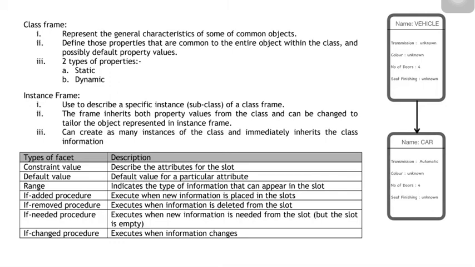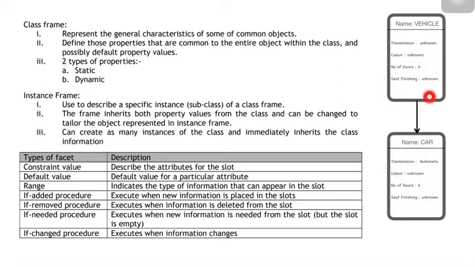Let's see. Here we have two kinds of frames. The first one is the class frame. The class frame will be the parent class, and it will be inherited. All the attributes here will be inherited by the instance frame. So whatever you have here, the instance frame will also have the same attributes.